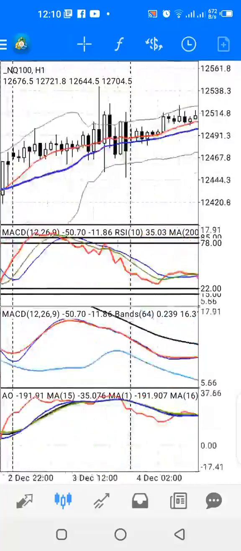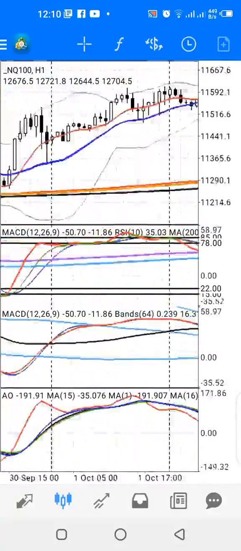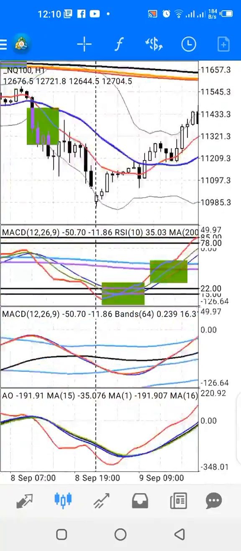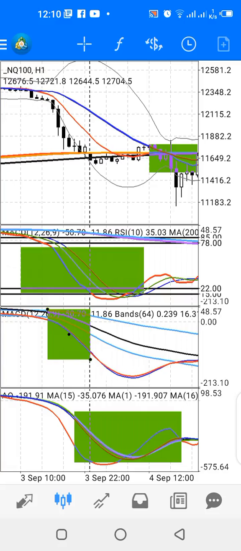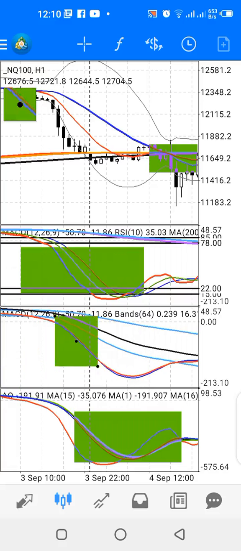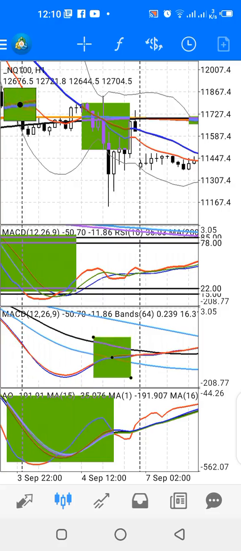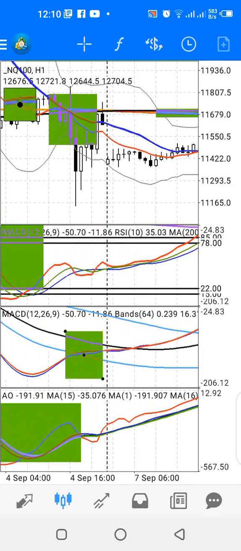Let me take it back. Okay, same thing goes for buy signal. Okay, the blue and the red line goes below the lower band, then crosses and enters into the Bollinger Band from the lower band.